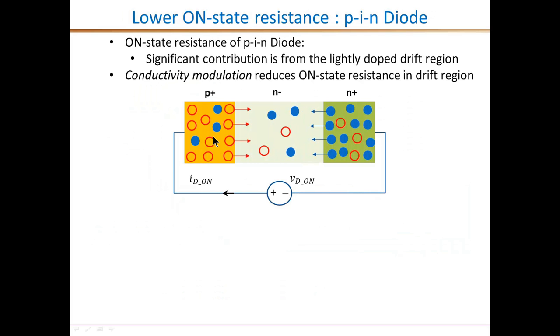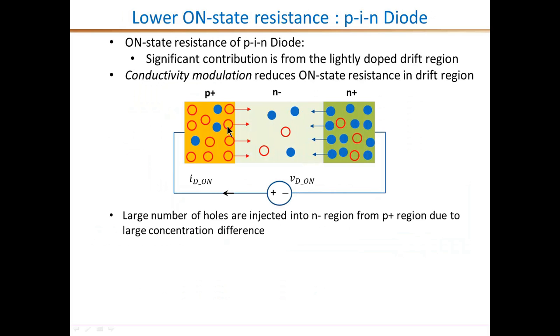However, this phenomenon called conductivity modulation helps to reduce the on-state resistance in this drift region. Because now we have a P plus and N minus junction, a large number of holes are injected into this N minus region, and that's because of this larger concentration difference.